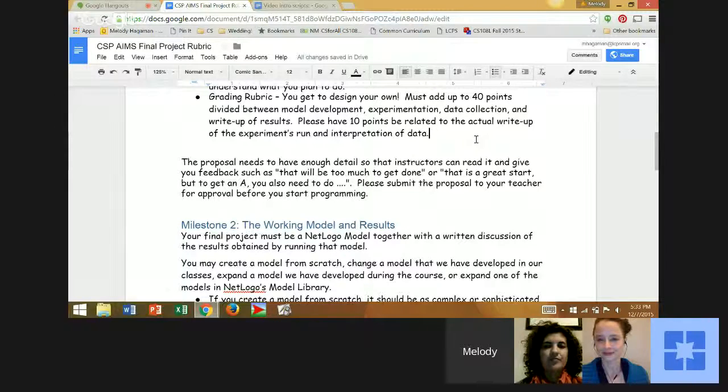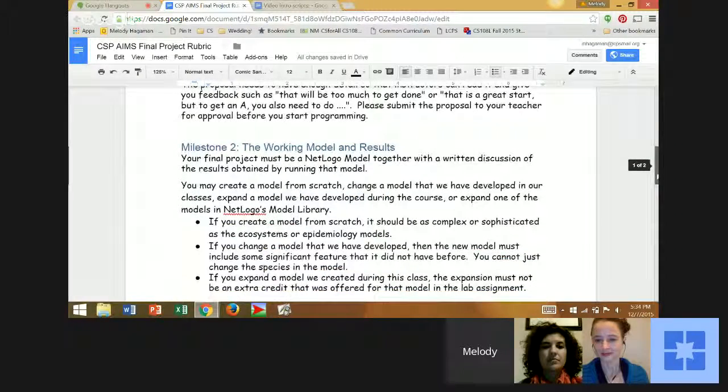Because we're talking about computational science and modeling here, we do usually give them a requirement of 10 points to be related to the actual experiment and write-up of the data, as well as interpretation. That could be within the info section of the NetLogo model or a separate thing. But I like to make sure that they include that portion so that we have some meaningful computational science going on. And the rubric's really helpful for providing detail and inspiration.